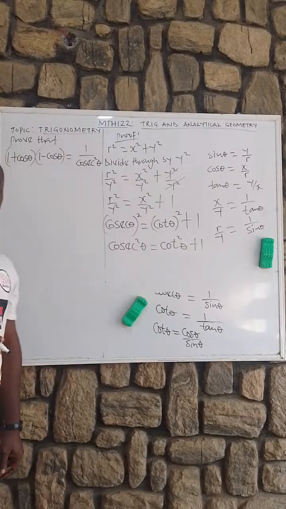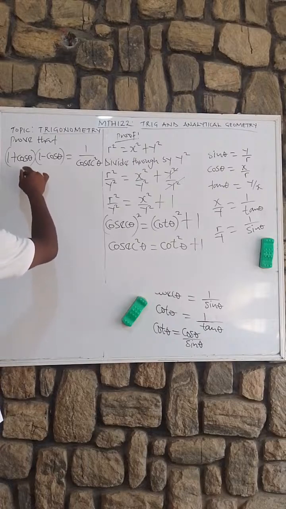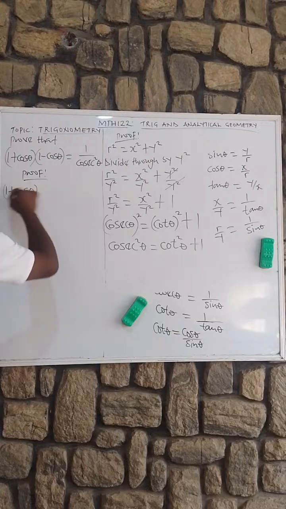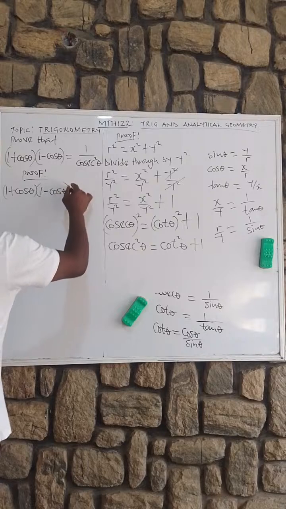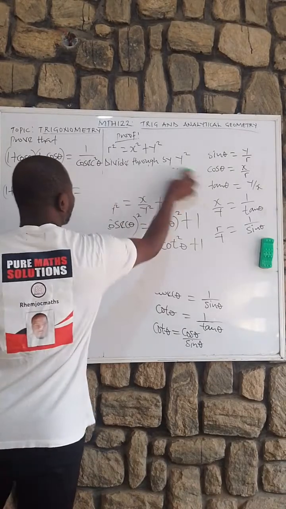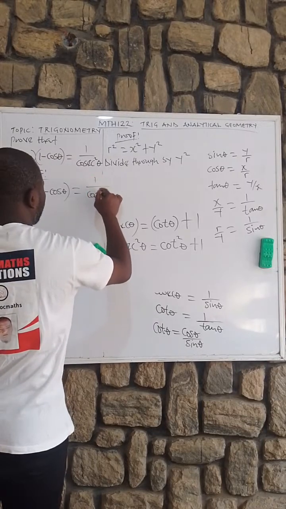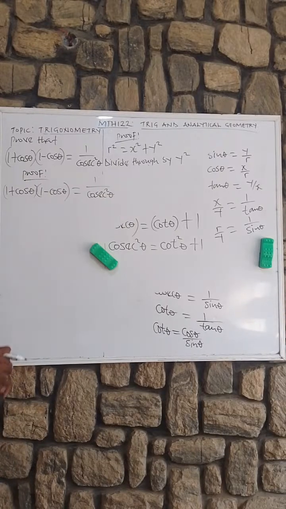So what we need to do here is write proof or solution, whichever one. So this means (1 plus cos theta)(1 minus cos theta) equals 1 all over cosec square theta. So what you need to do is use this to multiply this.